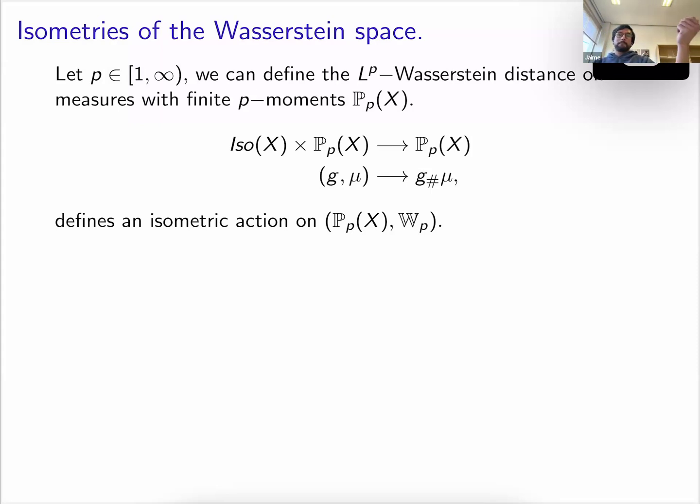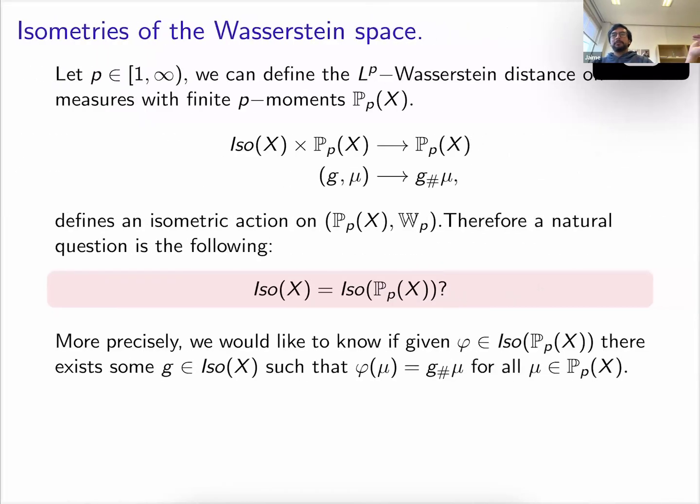So the natural question, or at least what one thinks, is that my Wasserstein space is itself a metric space. It has its symmetries. Are these two groups equal?